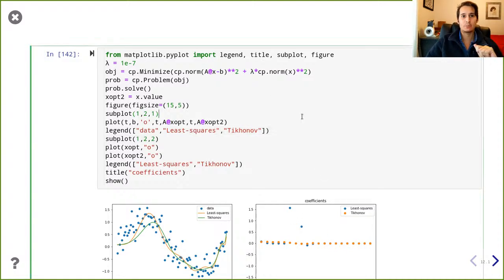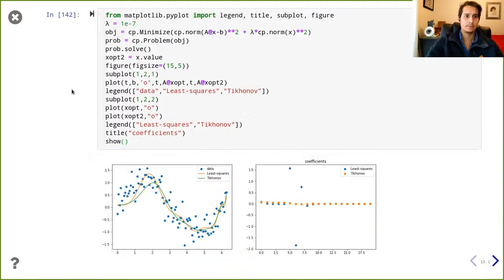That makes sense because we are penalizing the value of the weights. So this regularization term smooths the coefficients to make them smaller. This is very used in machine learning, for instance.